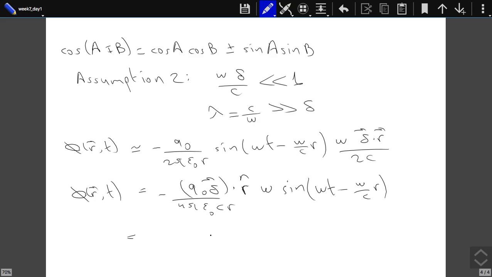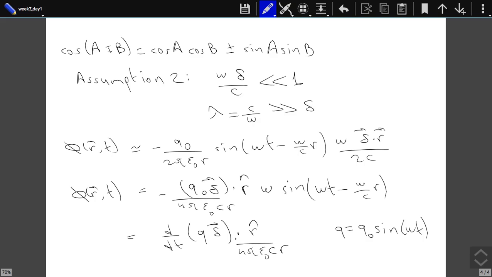This is equal to d over dt of q times delta dot r hat over 4 pi epsilon 0 c r. Keep in mind that q is equal to q0 times sine of omega t.